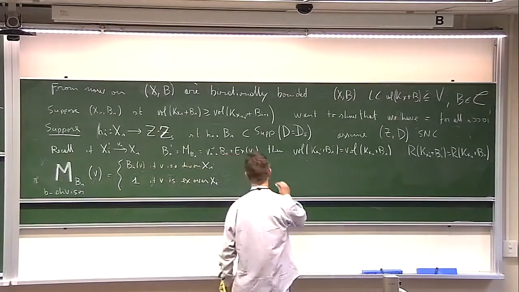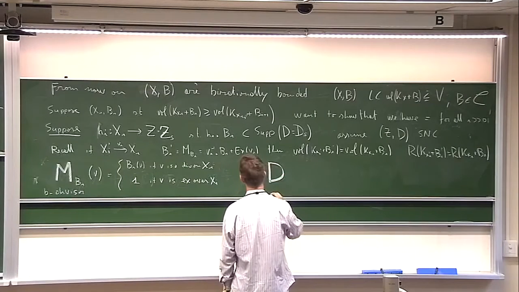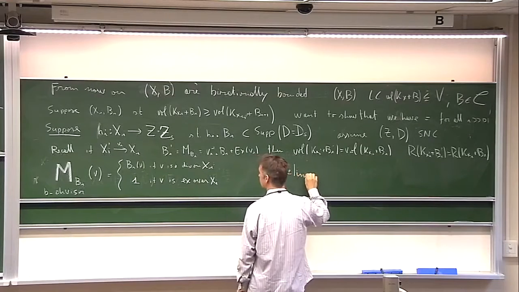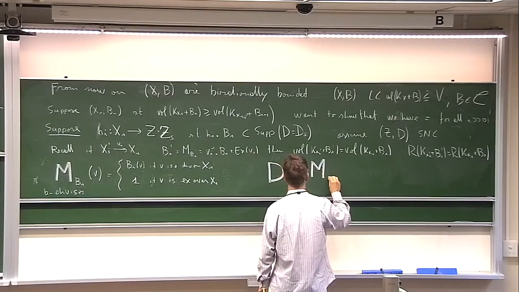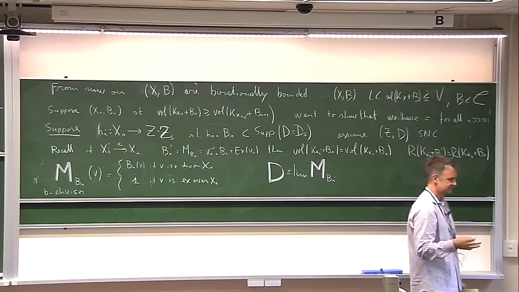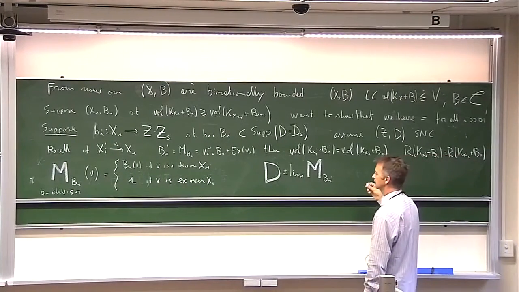So once I've done that, then I can define this new B divisor again with the property. It's going to just be the limit of these B divisors. So what does this mean? There's countably many valuations to worry about, essentially.